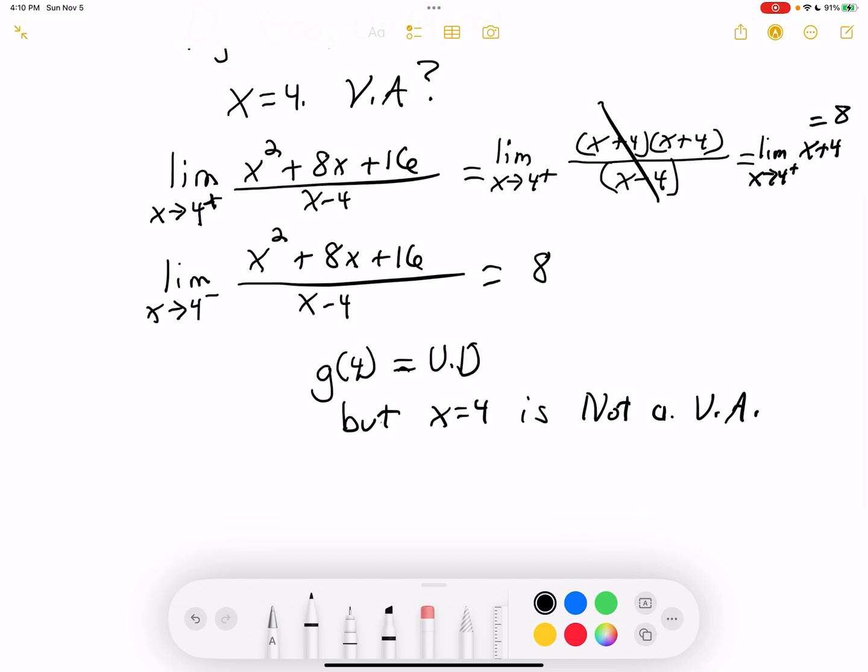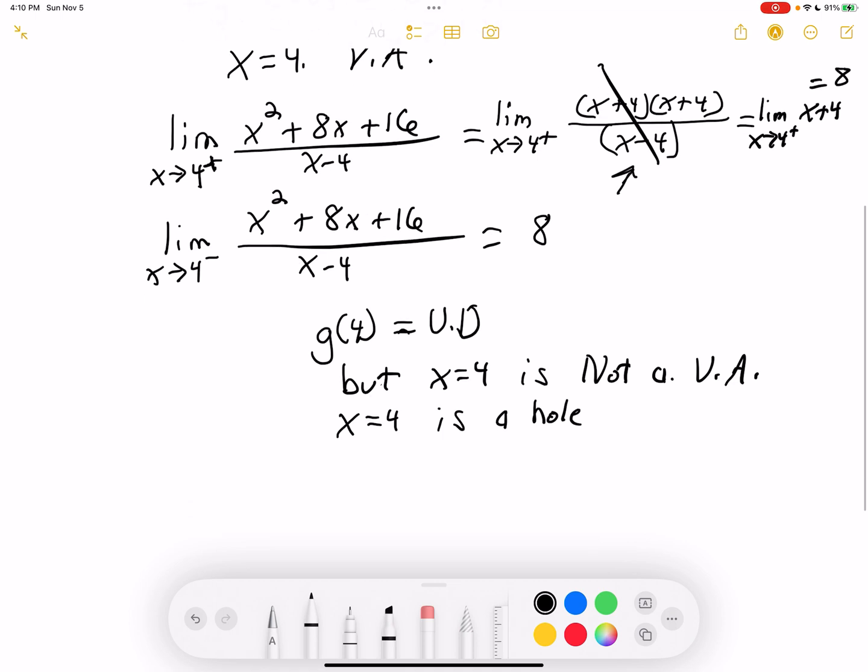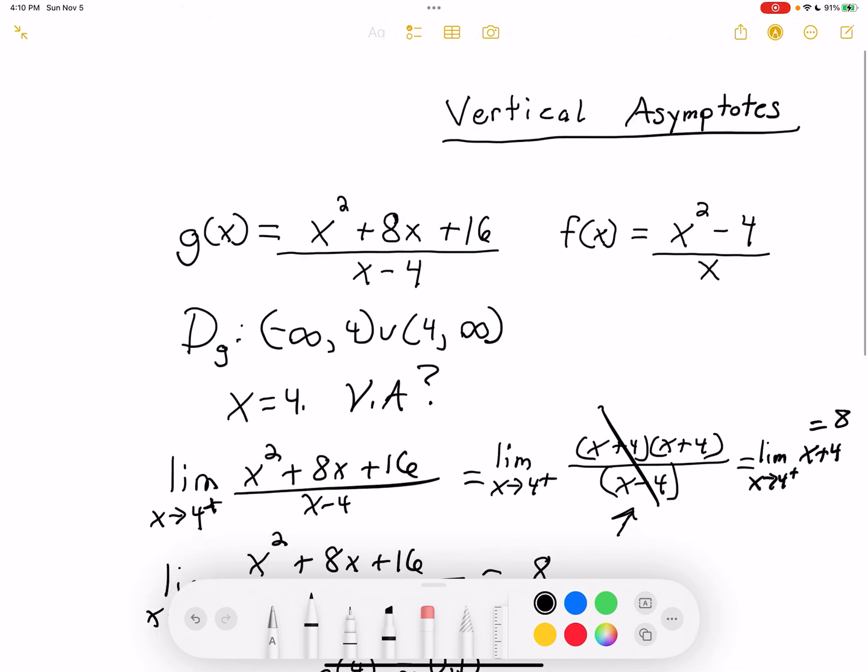So this tells me that x equals 4 is a hole in the function. And we know that for sure because we're able to cancel out that factor of x minus 4 in the denominator. That's a good way to tell. If you have some number undefined for a function that's able to be canceled out, it's usually not an asymptote, it's a hole. So, okay, x equals 4 is not a vertical asymptote for g.